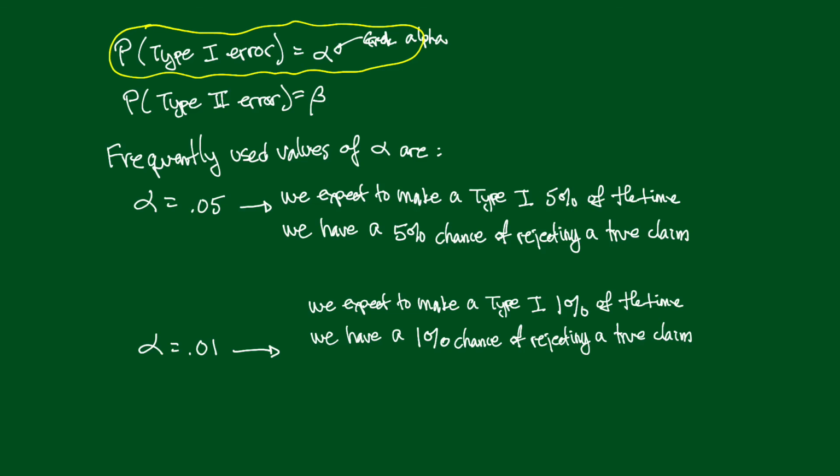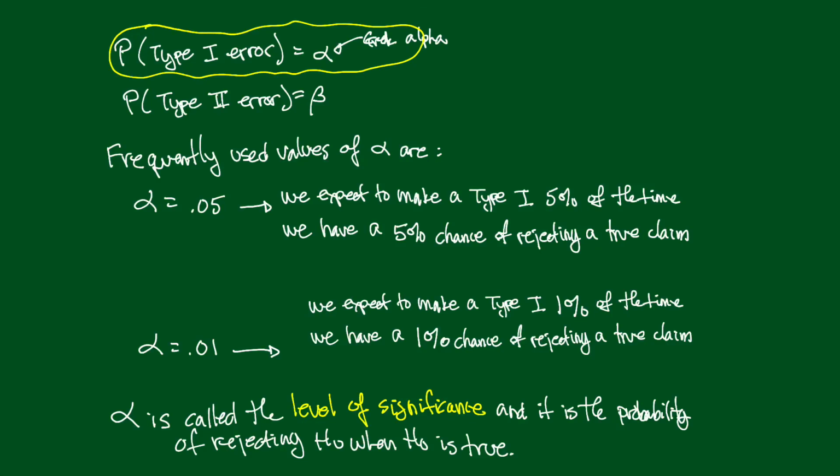Now what that means for us is that if we choose alpha to be 0.05, we have a 5% chance of rejecting a true claim. On the other hand, if we choose alpha to be 0.01, that means we expect to make a type 1 error 1% of the time, or we have a 1% chance of rejecting a true claim.